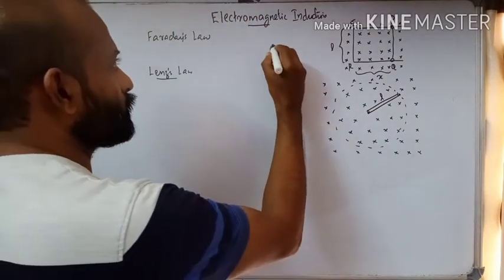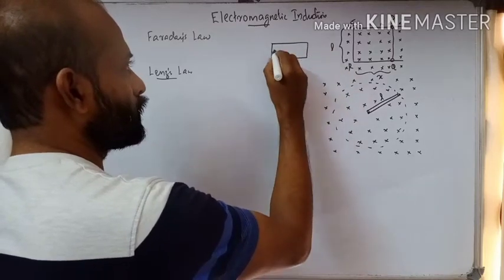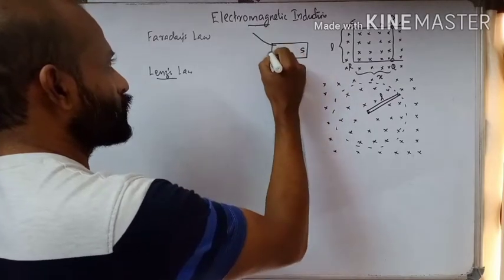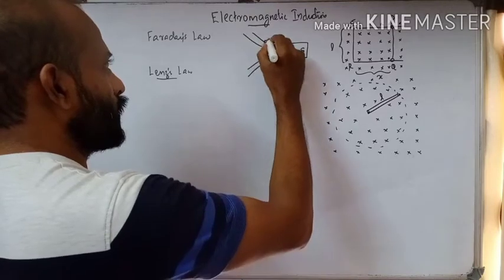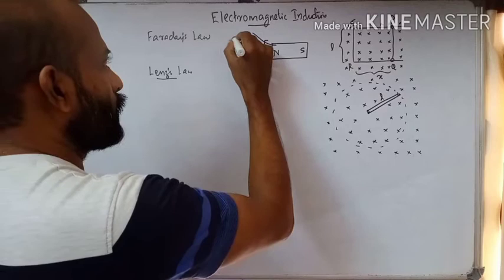Suppose we have a bar magnet. The north pole is here and the south pole here. These are the directional field lines. From the north pole, lines are going out. I'm not drawing all the field lines, only a few. Now we have a coil placed here.